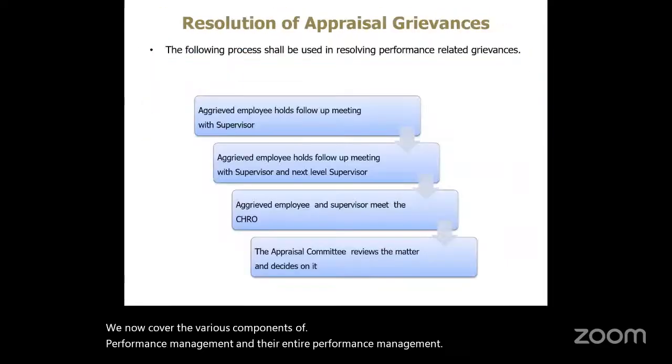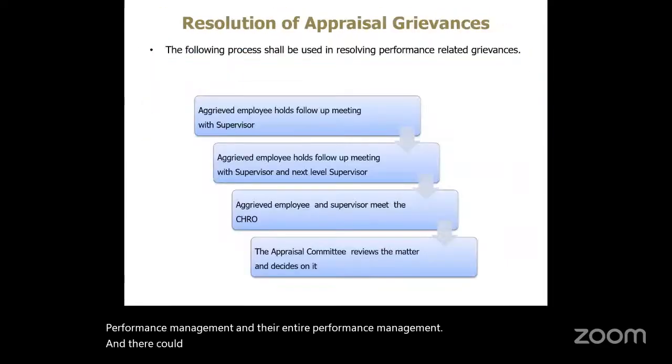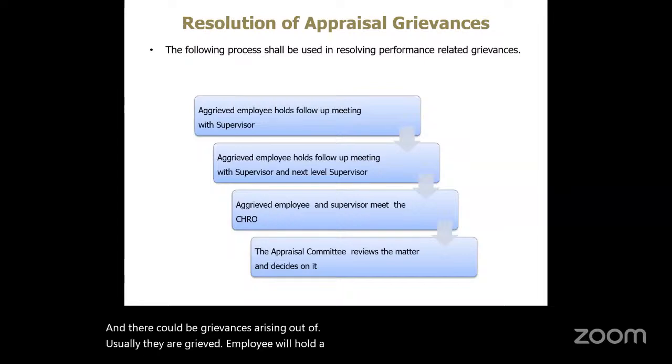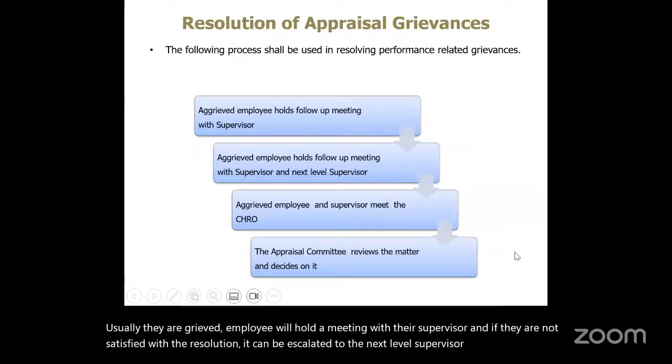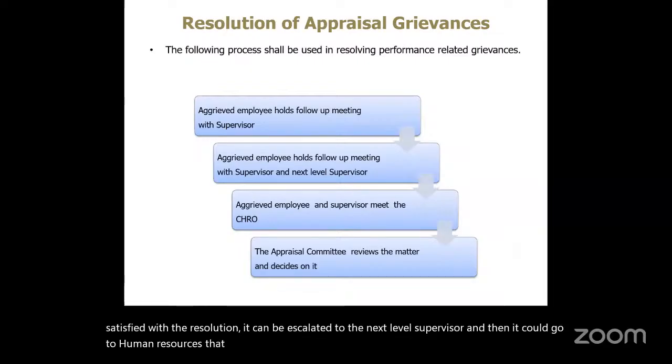There could be grievances arising out of performance appraisals. Usually, the aggrieved employee will hold a meeting with their supervisor, and if they are not satisfied with the resolution, it can be escalated to the next level supervisor, and then it could go to human resources, which will set up a committee to look into the appraisals.